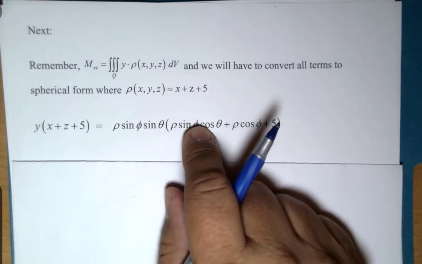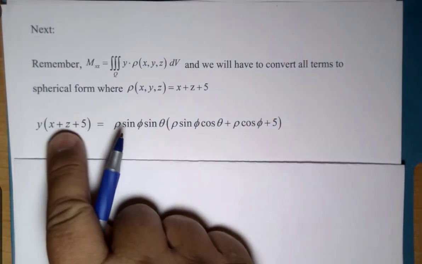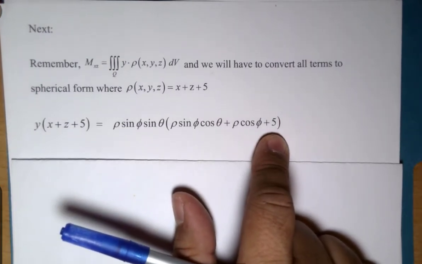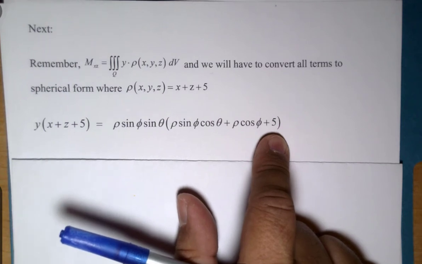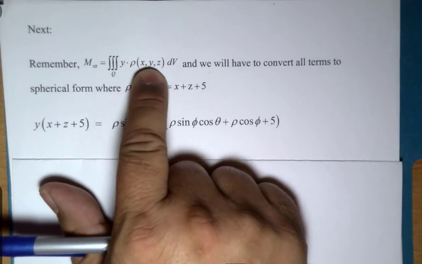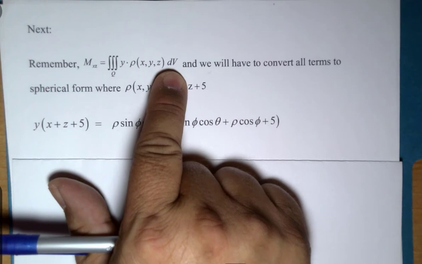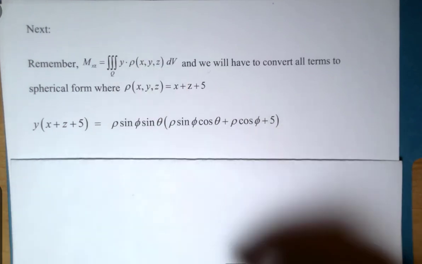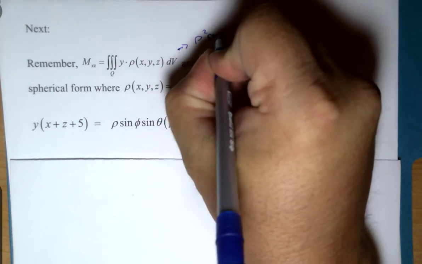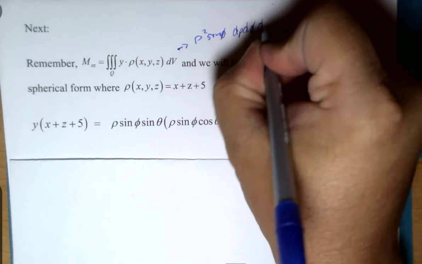So now, here we go. Y multiplied by density will be equal to the following expression if you complete all the spherical substitutions. This here, students, is going to become the body of what's inside the integrals. But don't forget, when you convert dV to spherical, there's also a rho squared sine of phi, d rho, d phi, d theta.